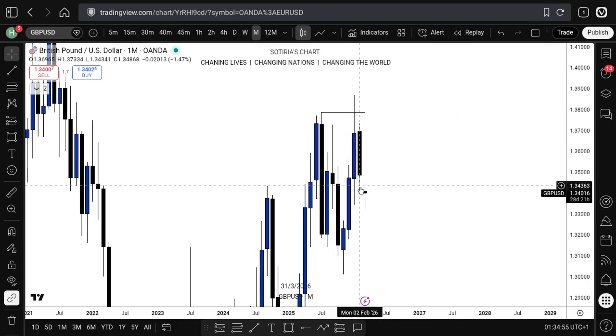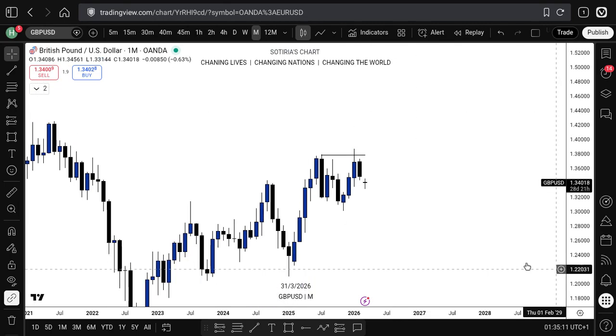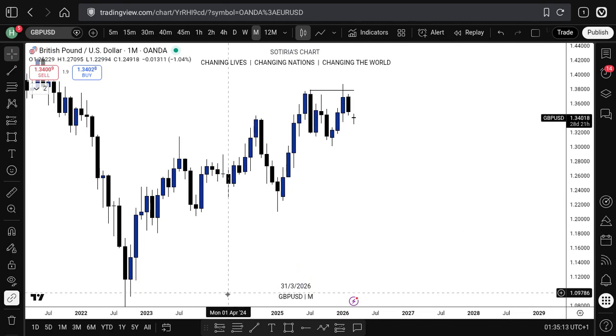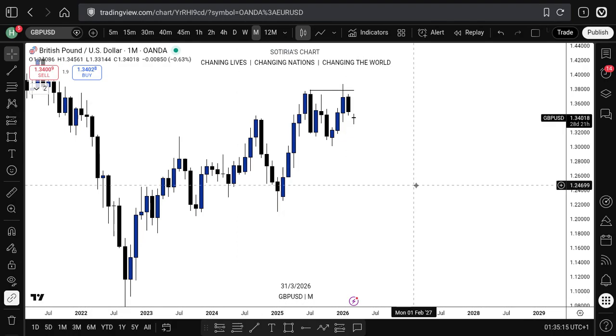So price has been selling, and hopefully we get a clear monthly engulfing whereby we can take that to sell down to this level or as far down as this level.